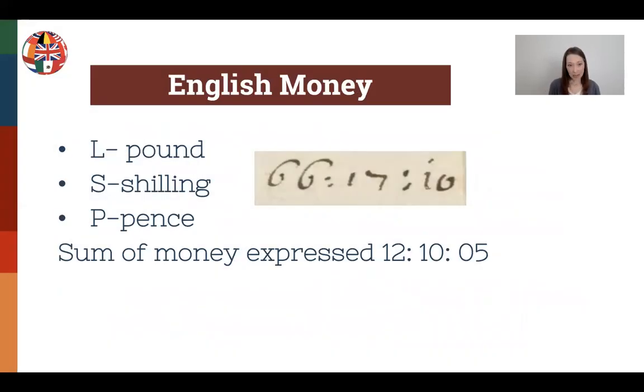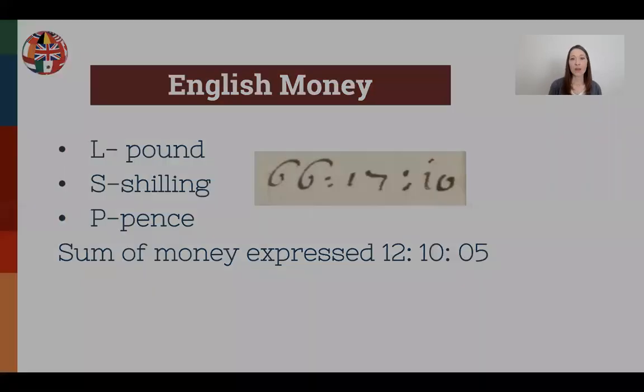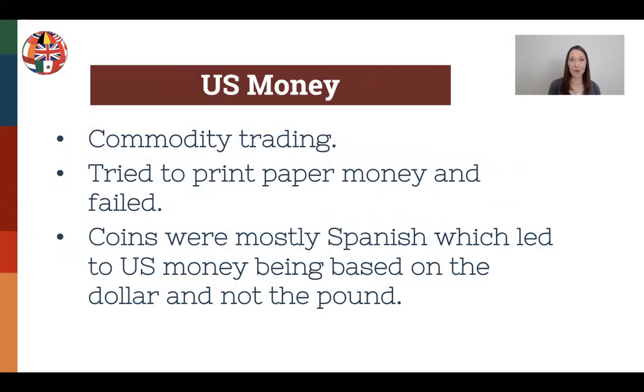In English money, they had pounds, shillings, and pence, and you'll see them represented with colons in between them as pounds, shillings, and pence. In the US, most of the money was commodity trading. They also tried at several different times to print paper money, and it failed.